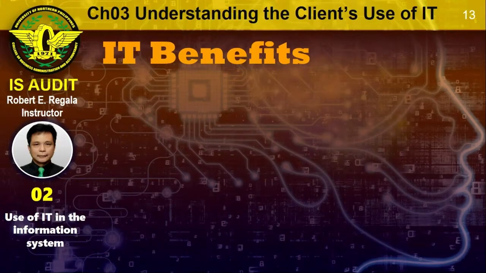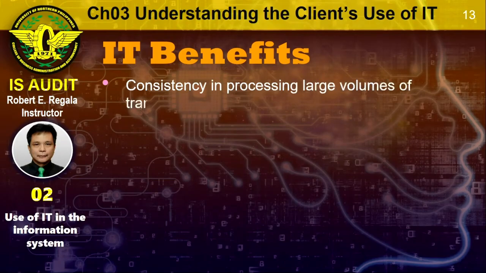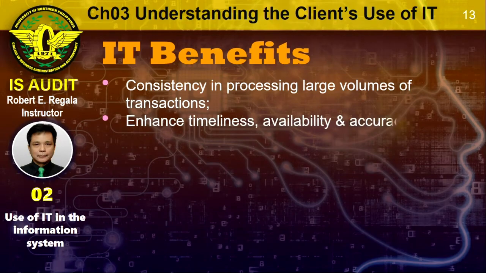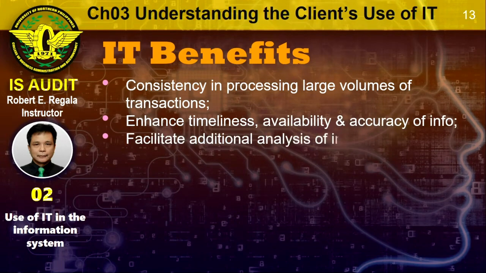Generally, IT benefits an entity's system of internal control by enabling an entity to consistently apply predefined business rules and perform complex calculations in processing large volumes of transactions or data. Enhance the timeliness, availability, and accuracy of information. Facilitate the additional analysis of information.